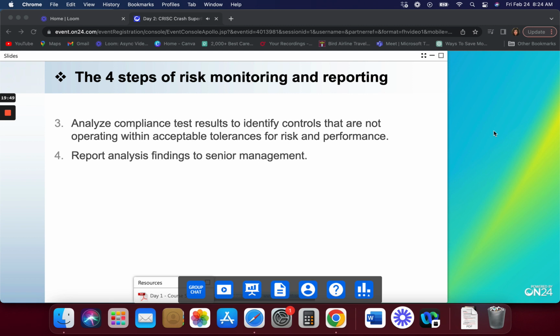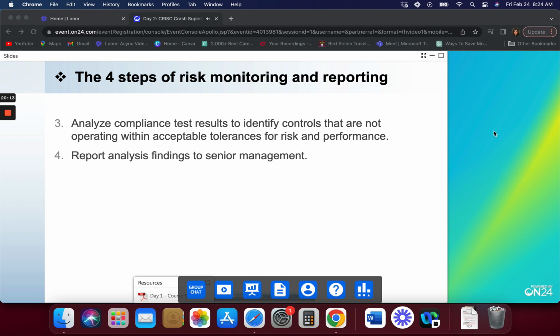So, what is used to identify controls not operating within acceptable tolerances for risk and performance? Well, we would analyze compliance test results. If I have any CISAs out there, Certified Information Systems Auditor by ISACA, when you prepare for that, you find out testing a control to see if it actually works and achieves control objectives is called compliance testing. And that's how it crept over into this exam.